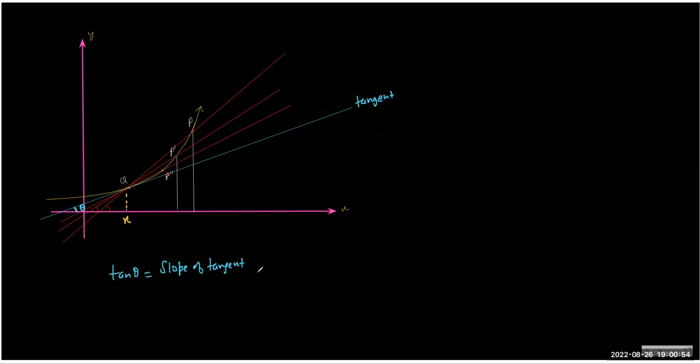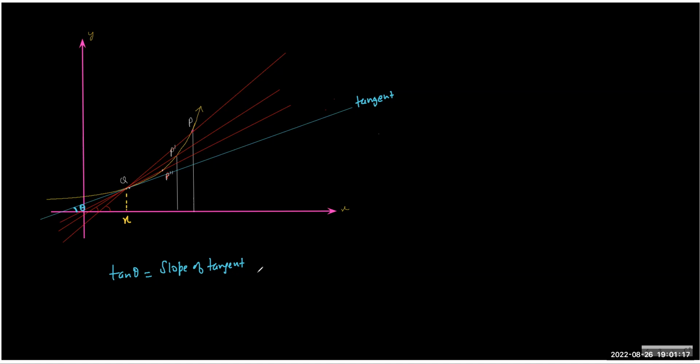Yes. See, we have no way to find the slope if you give me only 1 point. Can I find the slope with only 1 point? Tell me. Mathematically, is it possible to find the slope with 1 point? No, sir. Slope is defined for 2 points.